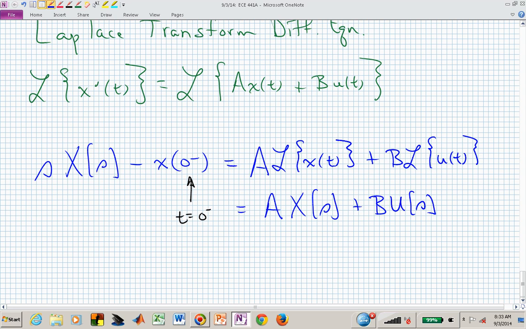Right now we really can't do that because we have a scalar s on the left and a matrix A that's n by n.